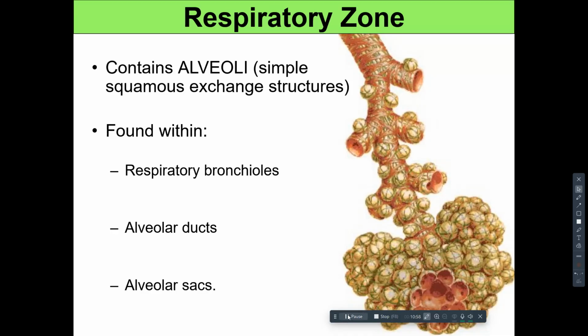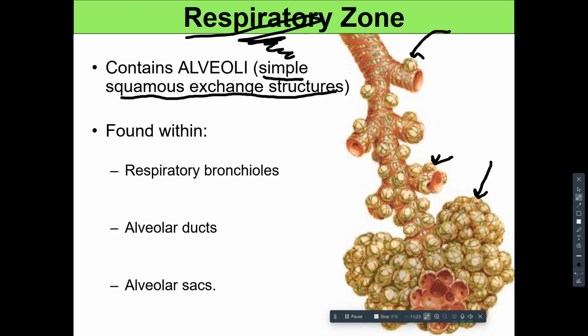Now, my respiratory zone, that's where I find alveoli. So every one of these little round guys right here, that's an alveolus. That's an alveolus right there. Got a whole cluster of alveoli as well. So alveoli are my simple squamous structures for gas exchange. I only find alveoli in my respiratory zone. I mean, that's what defines the respiratory zone. Respiratory zone contains alveoli. And I'm going to find it in three structures.